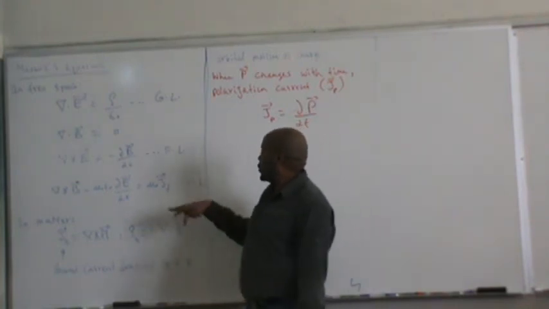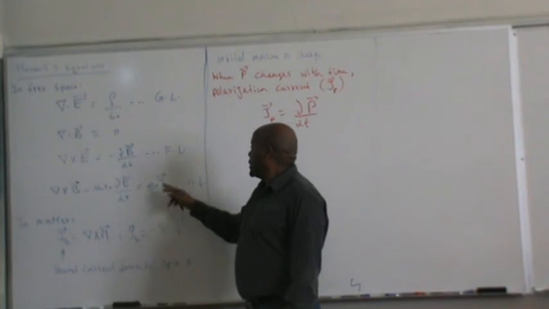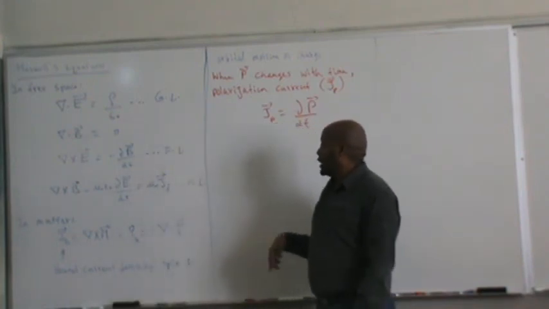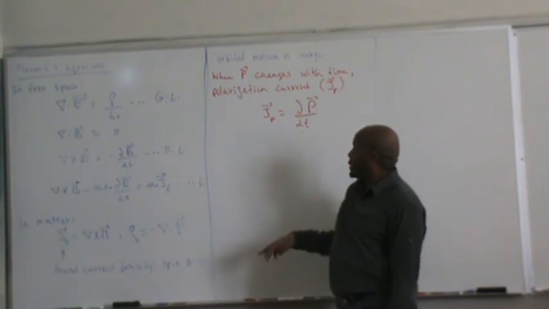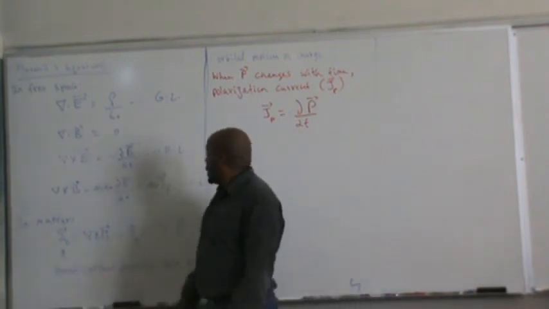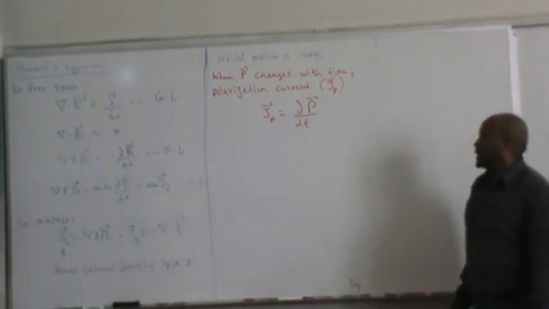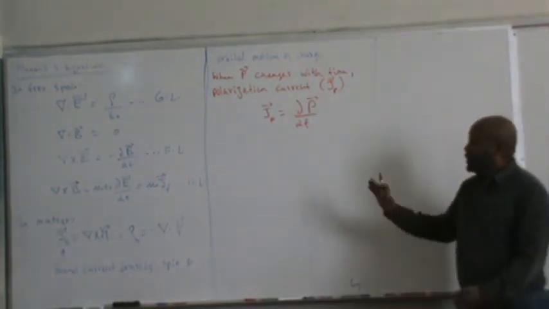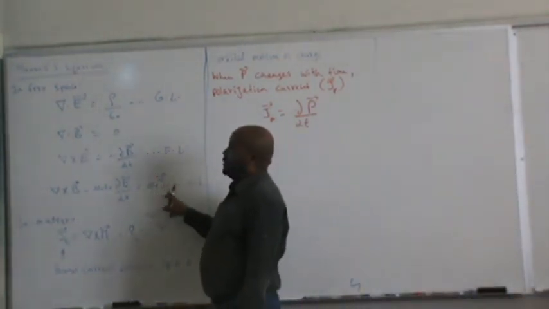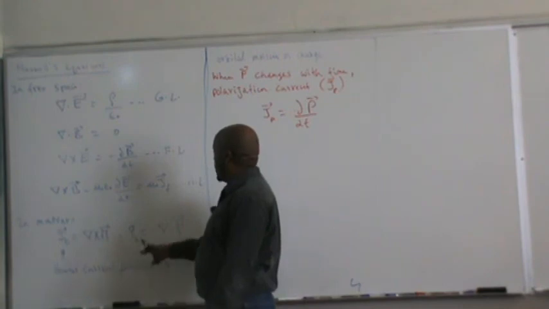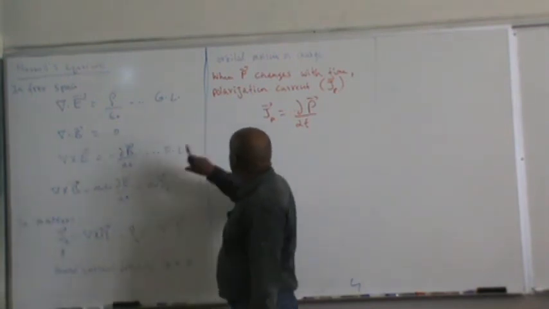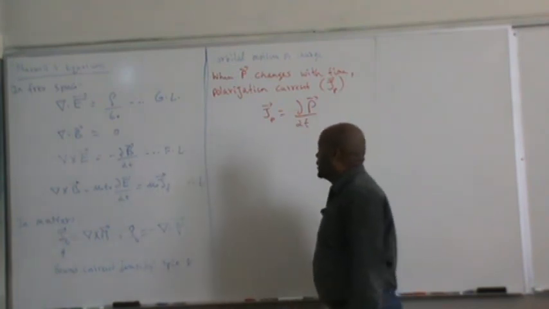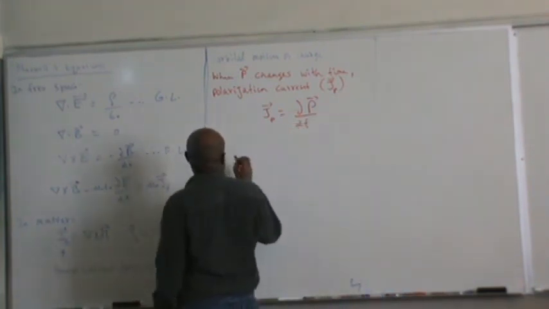And when we talk about current, in addition to the free current, we should include the bound current and also the polarization current. So if we change the free current to free current plus bound current plus polarization current, we would have the following equations.